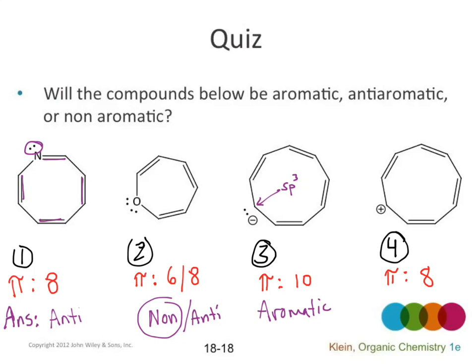So that non-aromatic, anti-aromatic line, that's why I said you've got to be careful, it can be kind of a trick question. Depending on what they're looking for, you might get, oh, it puckers, so it's non-aromatic, versus, oh no, it's staying flat, so it's anti-aromatic. How would I delineate that on the test? I would say, this structure is planar. Define it.